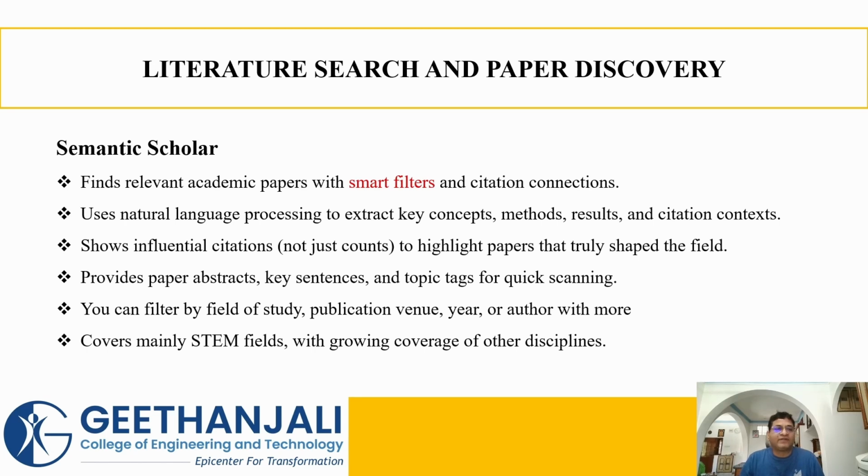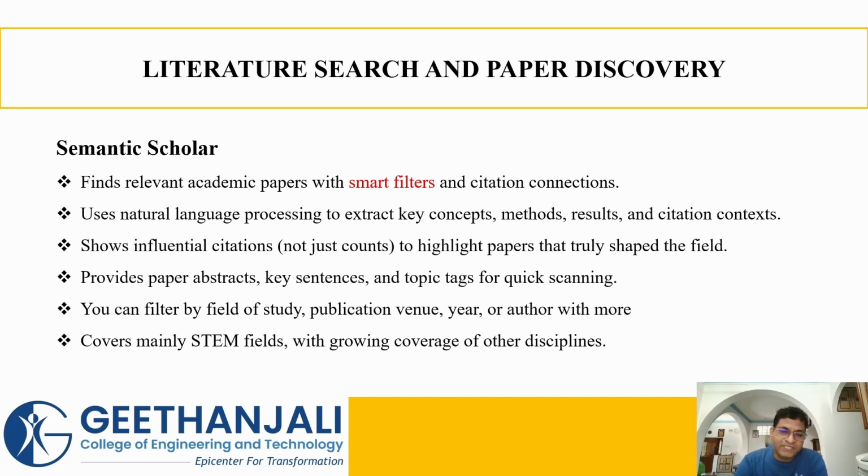Semantic Scholar finds the relevant academic papers with smart filters and citation connections. It uses natural language processing to extract key concepts, methods, results and citation context. It shows influential citations to highlight papers that truly shaped the field.